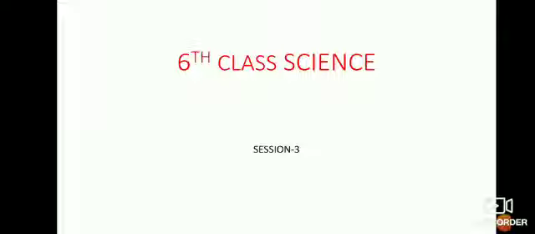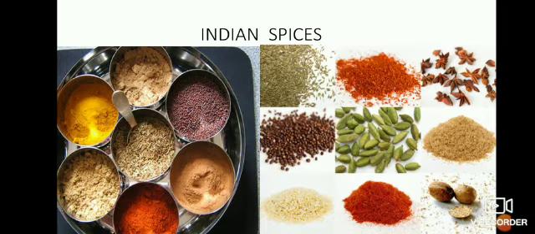See children, how the food becomes tasty. We generally say food is tasty, but how does food get its taste? Now we see food gets its taste based on the ingredients we used and the method of preparation and how the food gets aroma.